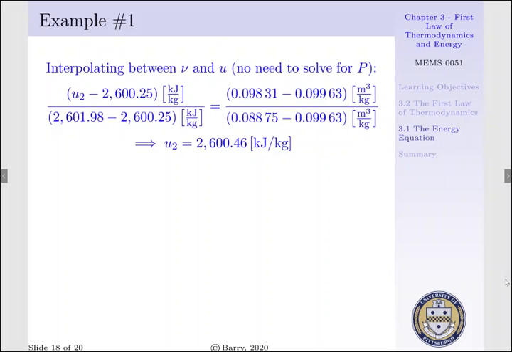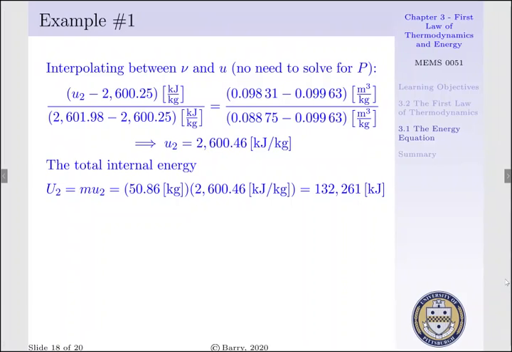In doing such, we'd have u2 minus 2600.25 kilojoule per kg per 2601.98 minus 2600.25 kilojoule per kg would be equal to our saturated vapor specific volume corresponding to state 2, which is 0.09831 minus 0.09963 meters cubed per kg per 0.08875 minus 0.09963 meters cubed per kg. Or our specific internal energy corresponding to state 2, which is our saturated vapor specific internal energy, is equal to 2600.46 kilojoule per kg.